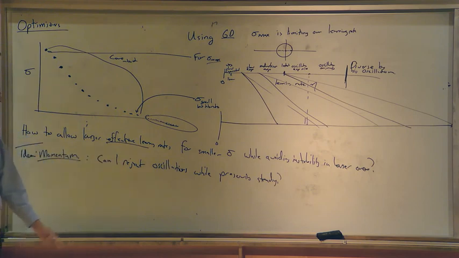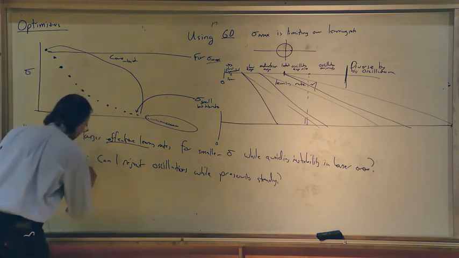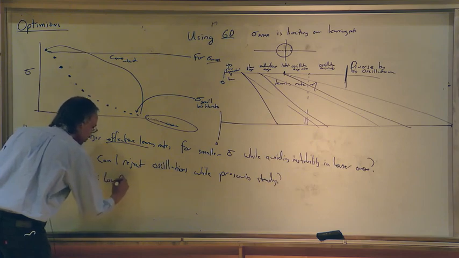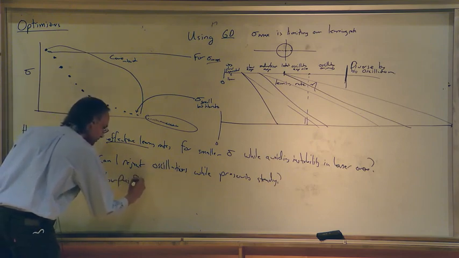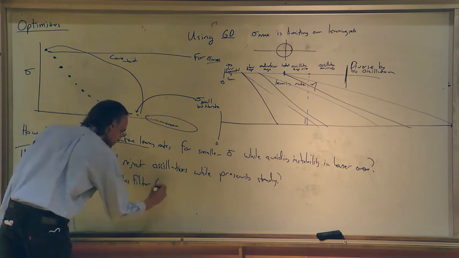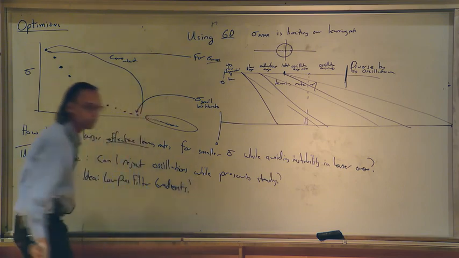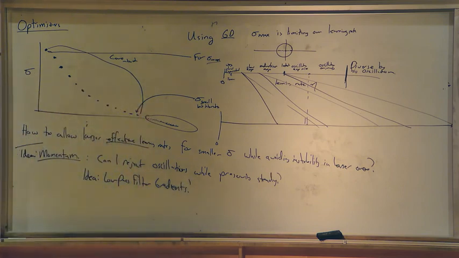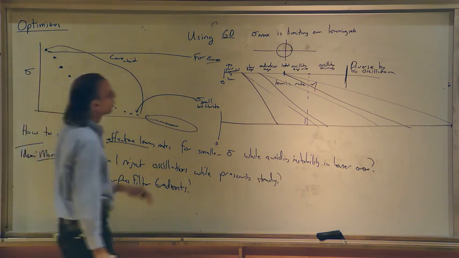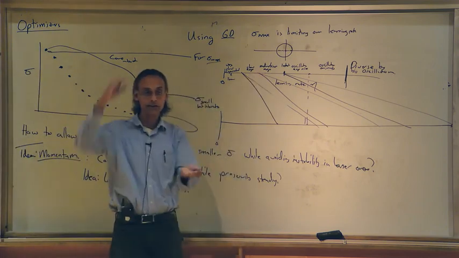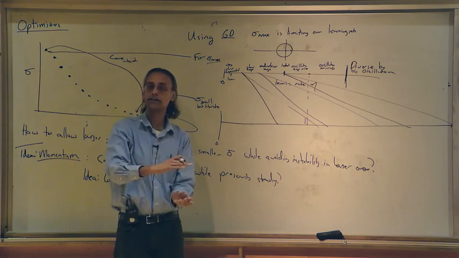We can use a low-pass filter. Idea: low-pass filter gradients. If I low-pass filtered the gradients, what would happen is that where I get the oscillations, I would get attenuation of the gradient.